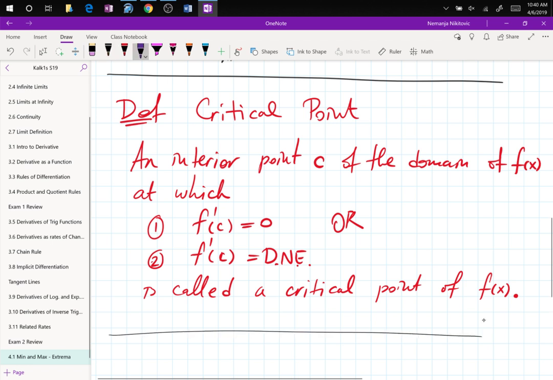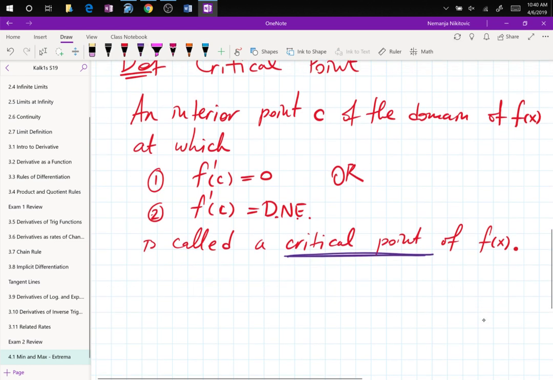Now, this critical point could be a min, could be a max, or could be something that we haven't seen yet. So stay tuned. It's called an inflection point.